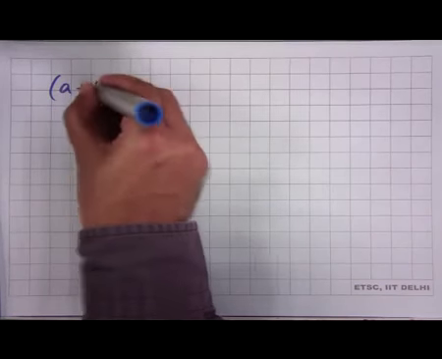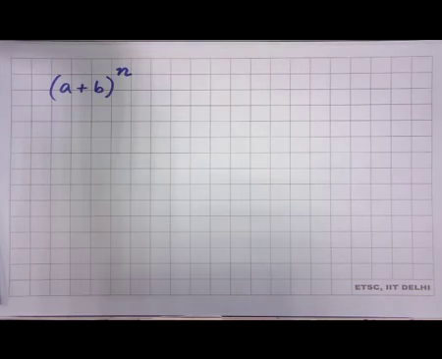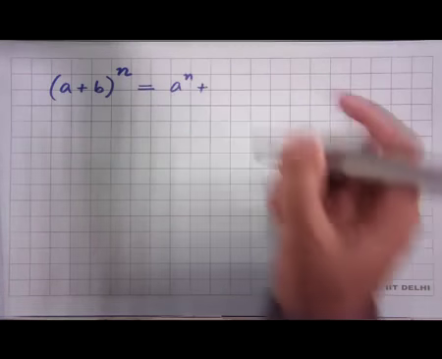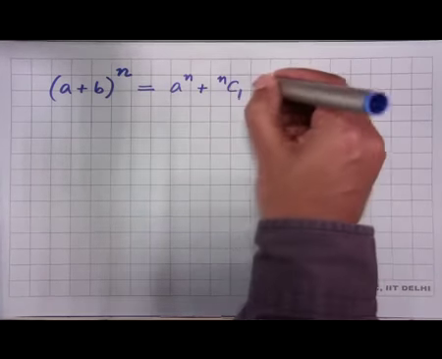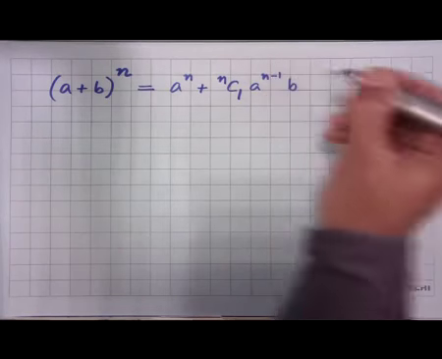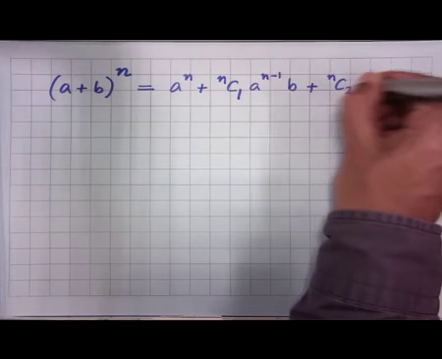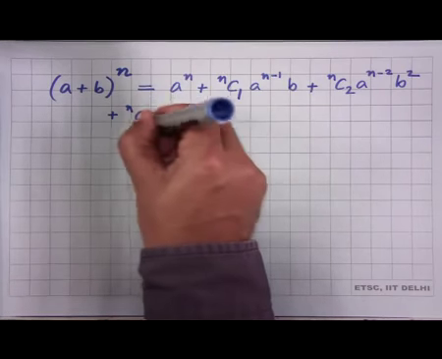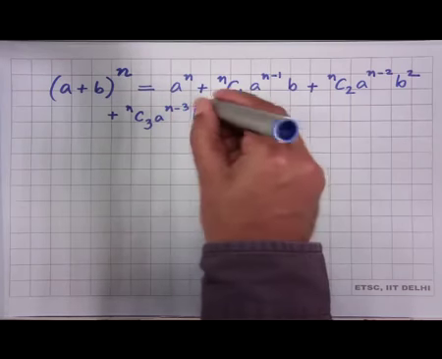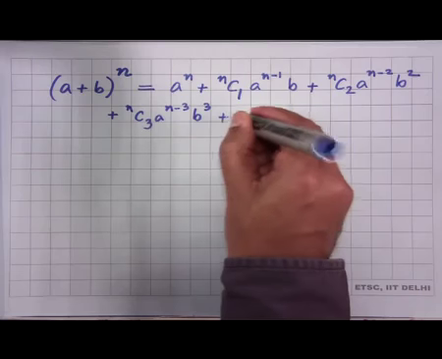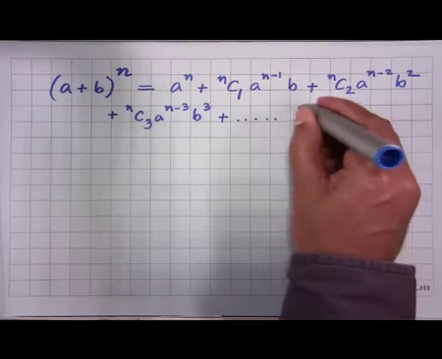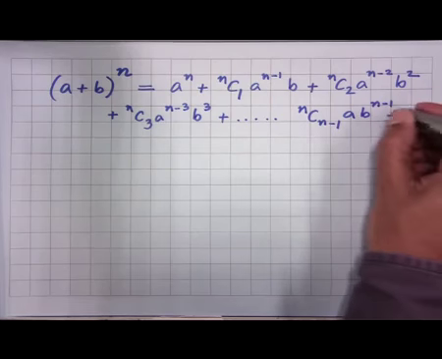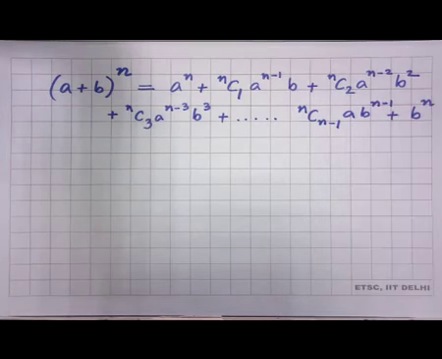The theorem states that a plus b whole to the power n is nothing but a to the power n plus nC1 a to the power n minus 1 b plus nC2 a to the power n minus 2 b squared plus nC3 a to the power n minus 3 b cube, and so on and so forth, all the way till nC(n minus 1) a b power n minus 1 plus b power n.